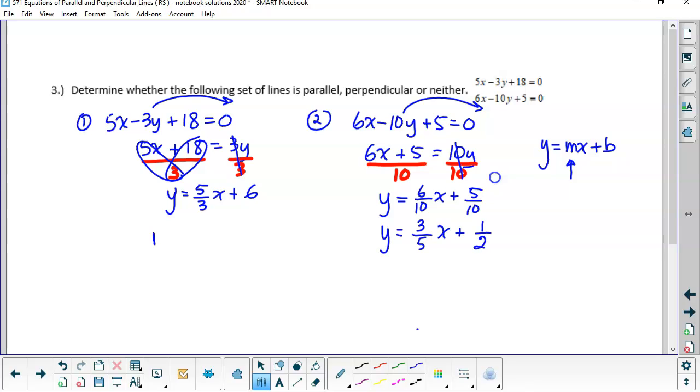So now here, your slope is 5/3. Here, your slope is 3/5. They are not equal. Same numbers, but they're reciprocals of each other. If they were perpendicular, they would need to be negative reciprocals of each other. So I'll call that M1 and M2. So M1 is not equal to M2, therefore not parallel.